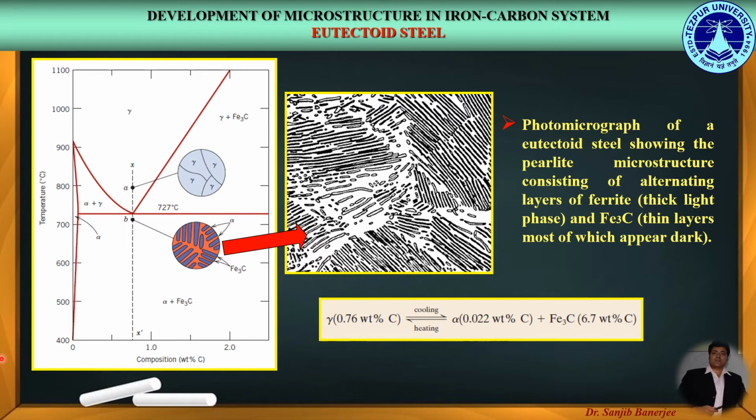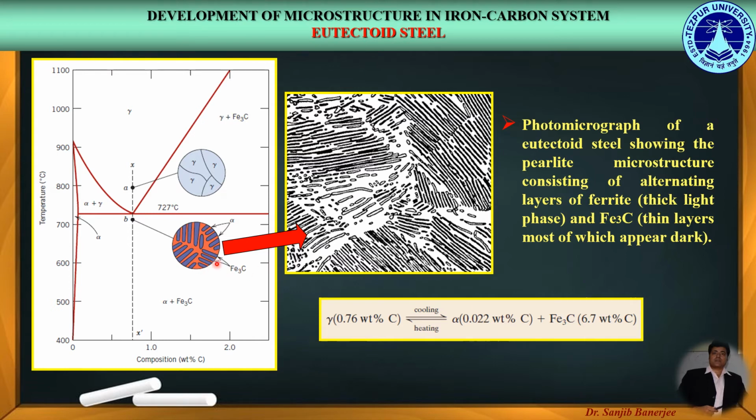Now the microstructure of this eutectoid steel that is slowly cooled through the eutectoid temperature consists of alternating layers or lamella of the two phases, that is ferrite and cementite, that form simultaneously during the transformation as shown in the reaction. In this case, the relative layer thickness is approximately 8:1.